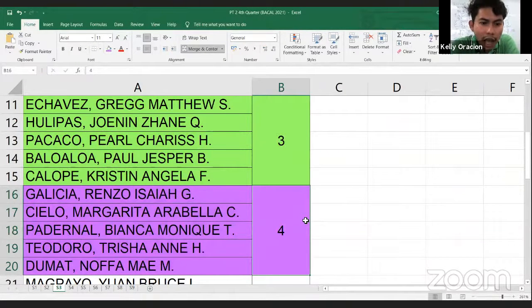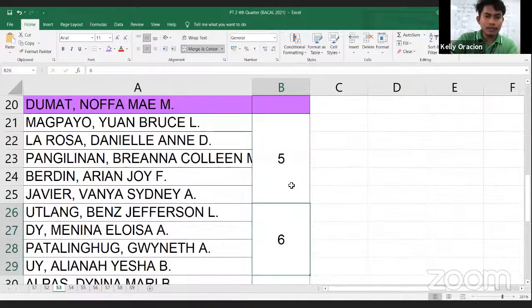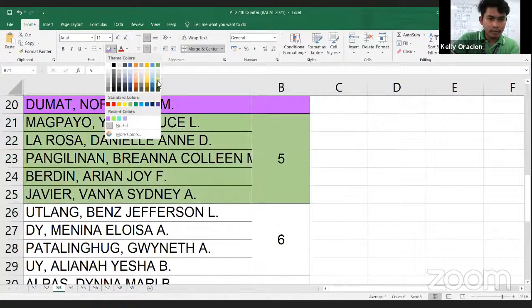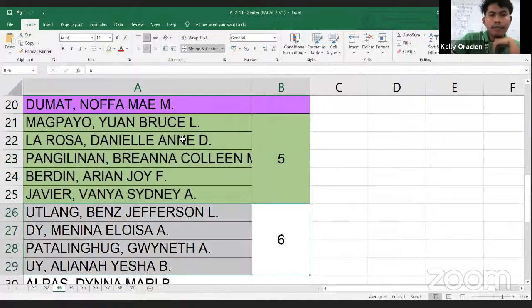By the way, group 1 to group 5, tag-5 ka members. Next, group 5 and group 6.